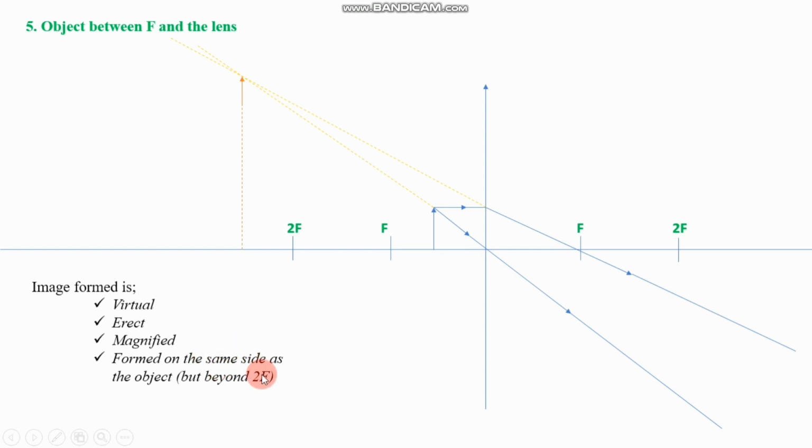So the image is formed on the same side as the object. It's not formed behind the lens, it is formed in front of the lens, and it's formed beyond 2F. So that is the 5 main images that is formed along the principal axis of the convex lens.